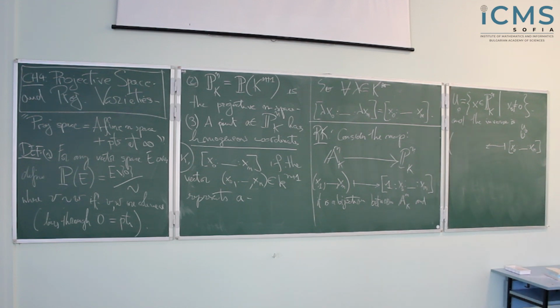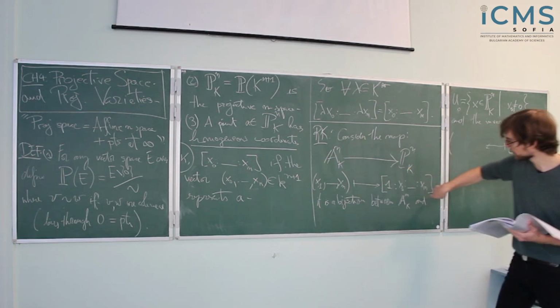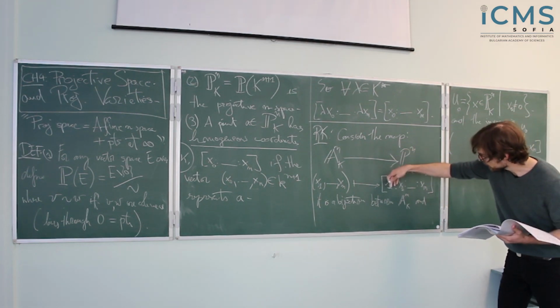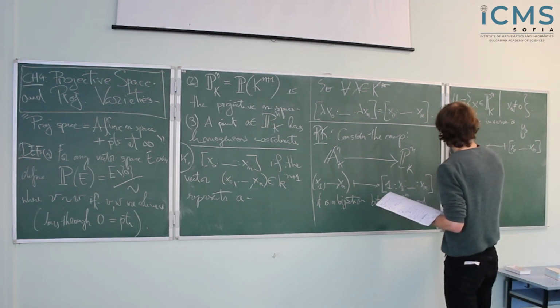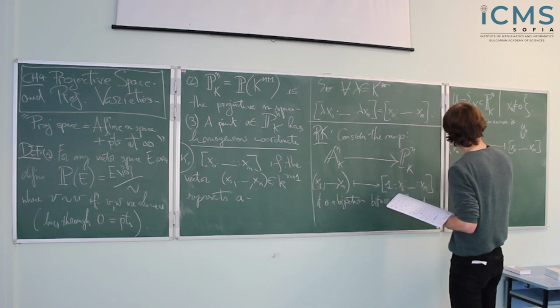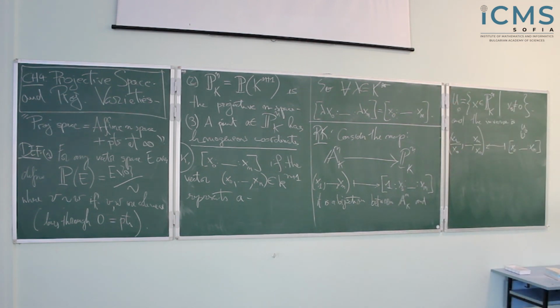Well, we want something so that if we go back through here, we obtain 1 here. So we will actually need to normalize these things by x0, so that we have 1 here. We'll just divide everything else by x0. So this is what's going to appear here. It's well defined, everything goes well.